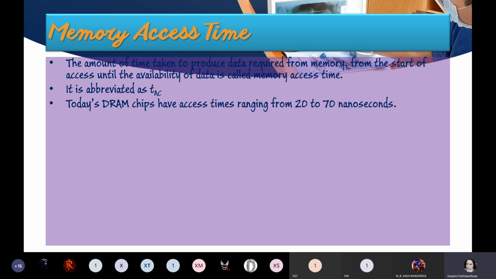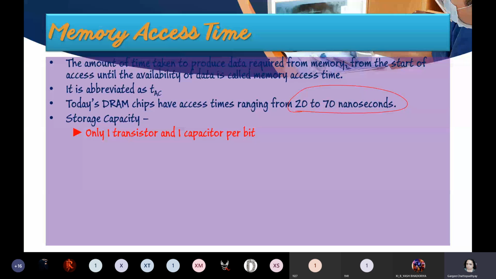Today's DRAM chips, that is dynamic RAM chips, have access times ranging from 20 to 70 nanoseconds, which is very fast. Storage capacity, only one transistor and one capacitor per bit can pack a large number of cells within the chip compared to SRAM.